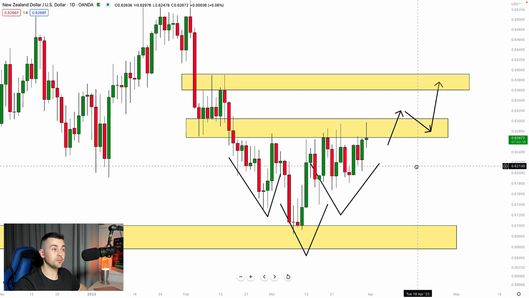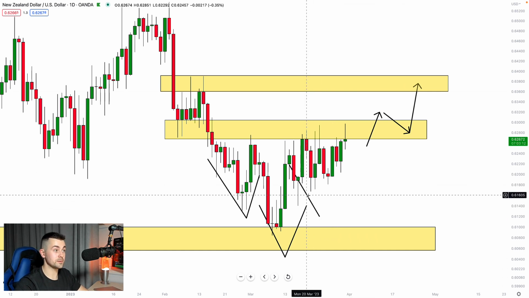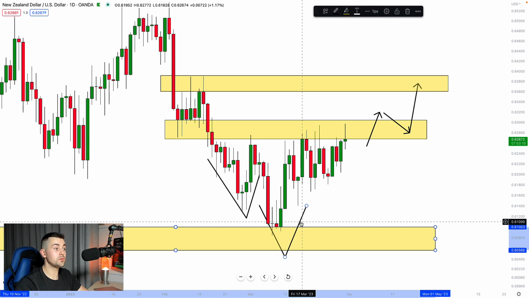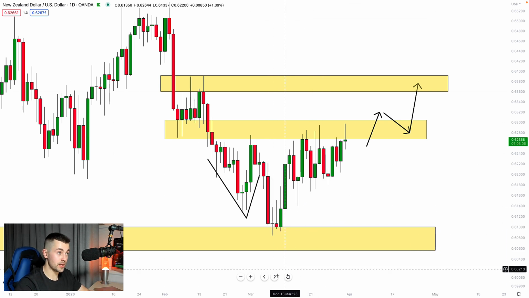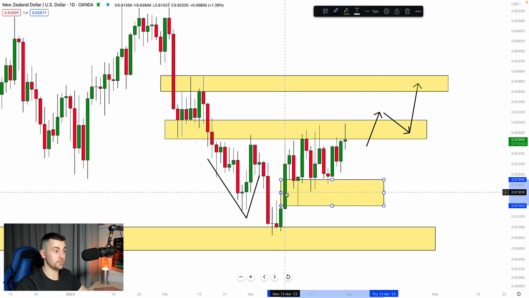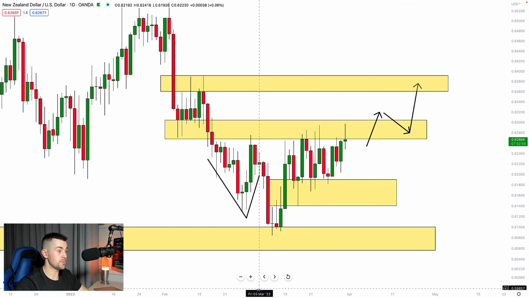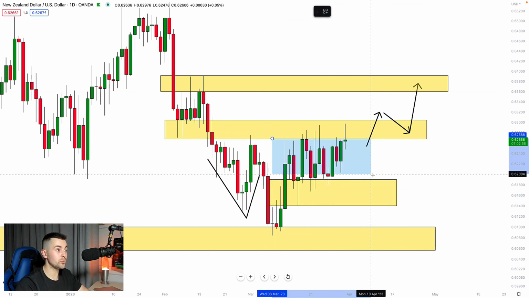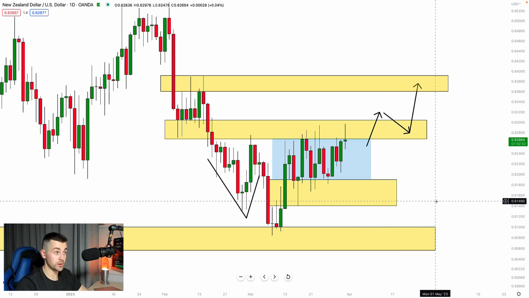However, the neckline of that head and shoulders pattern can be respected. Yes, and in order to sell New Zealand dollar, those who want to sell should consider the range right here. You can see that analyzing the right shoulder of that head and shoulders pattern, we can spot that here we have a quite wide range. Yes, the horizontal range.